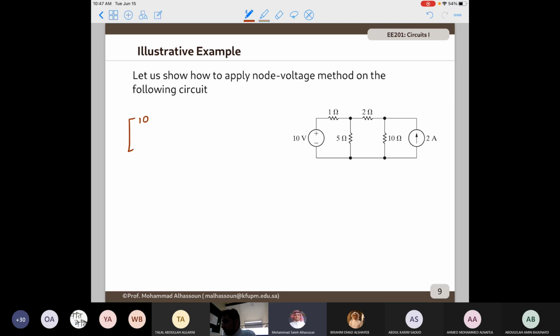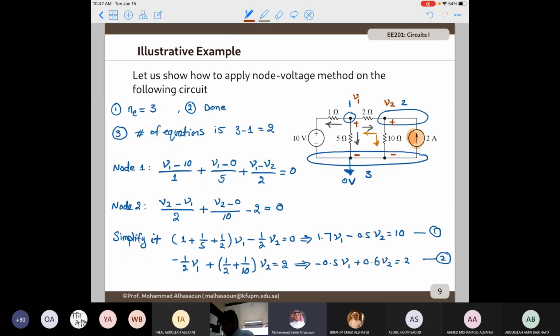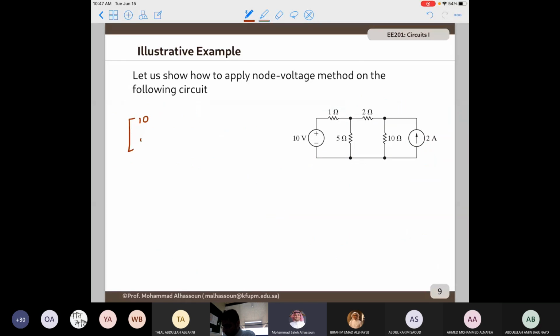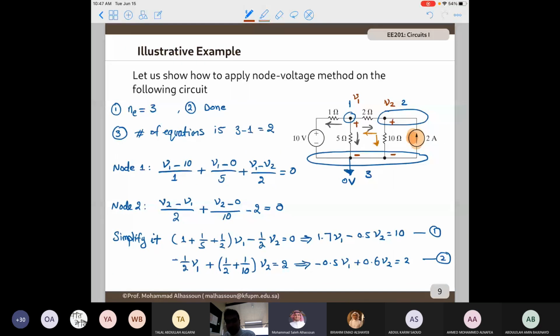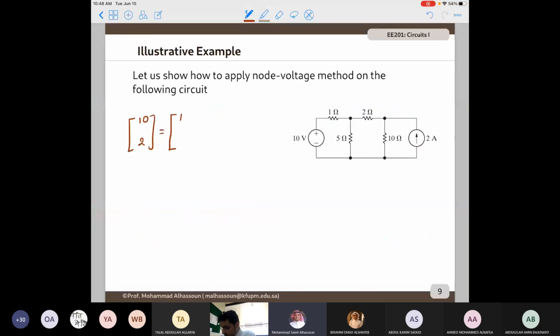I need to write it as 10, 2 equals the matrix 1.7, minus 0.5, minus 0.5, 0.6, multiplied by V1 and V2.